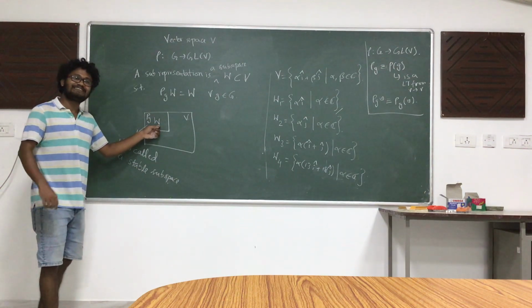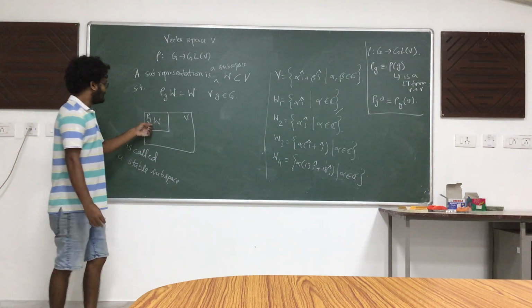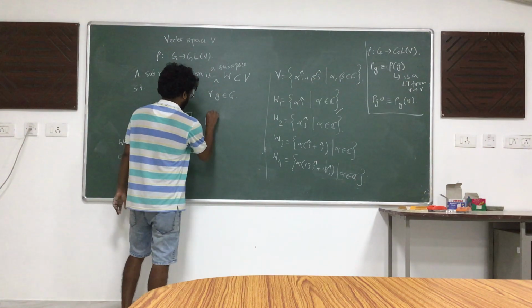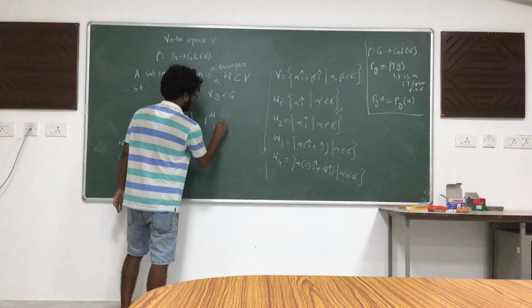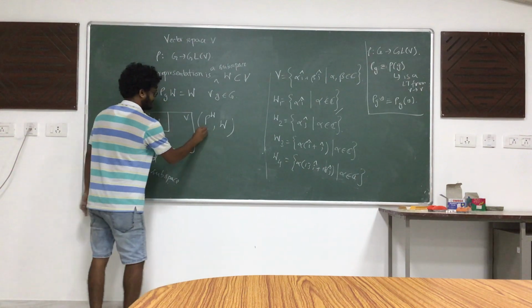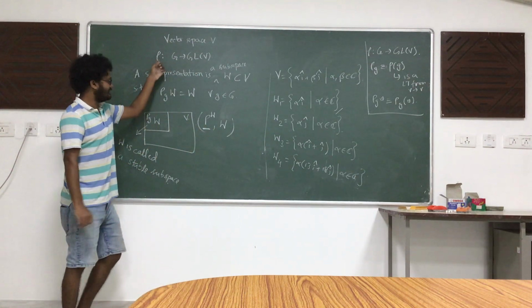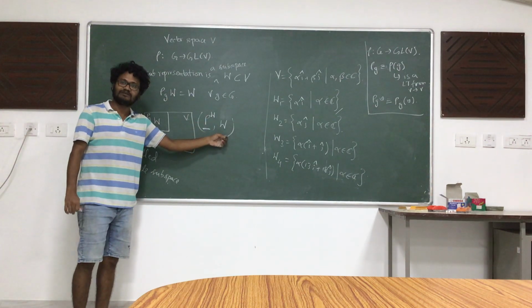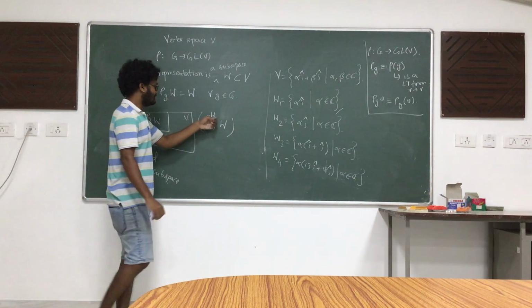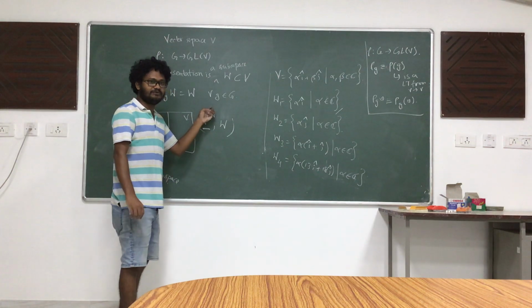W is said to be stable under the action of G, and rho W is basically the restriction of rho. Instead of V, now it acts on only the vectors of W. Okay, and that's why this superscript W has been written.